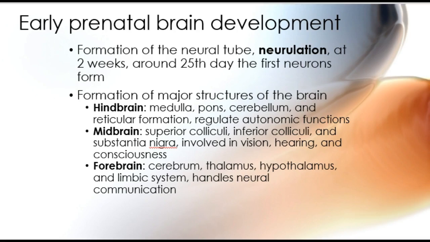Cells from the interior surface of the neural tube reproduce to form neurons or nerve cells that will become the building blocks of the brain. Neurons increase at a rate of 1/4 of a million per minute for 40 weeks to create 100 billion neurons that make up a baby's brain at birth.